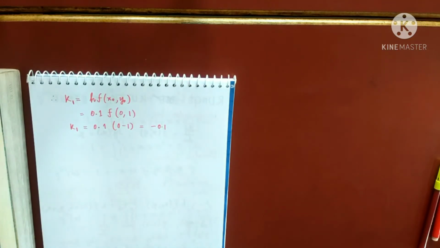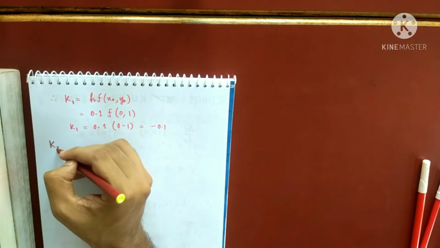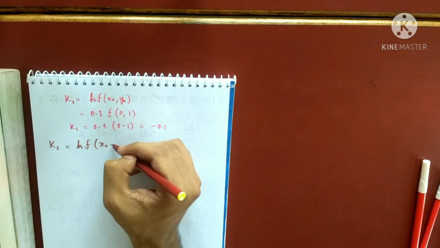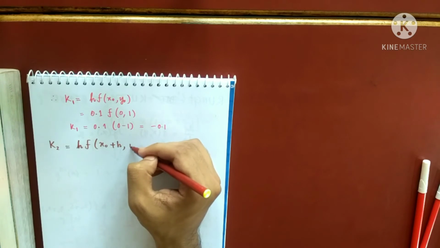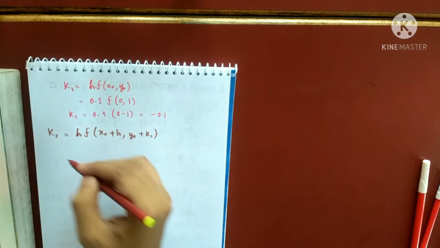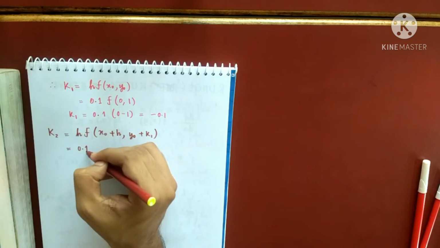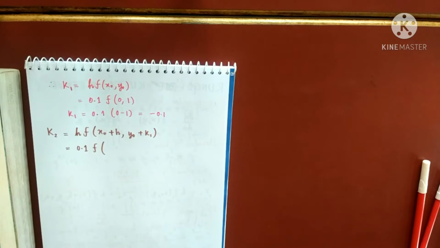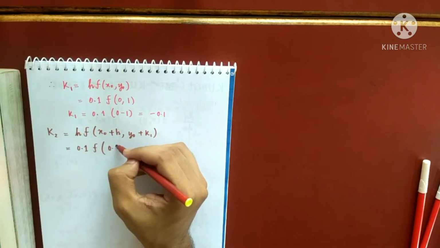I will now determine K2. What was K2? K2 was h times f of x0 plus h and y0 plus K1. This was the formula for K2. h is 0.1, x0 is 0, so x0 plus h will become 0.1.